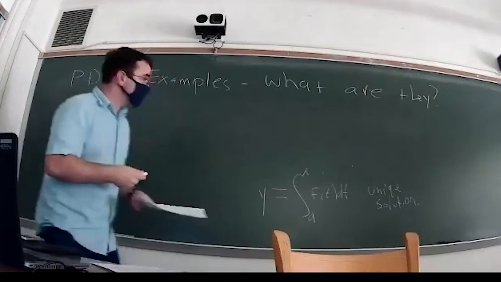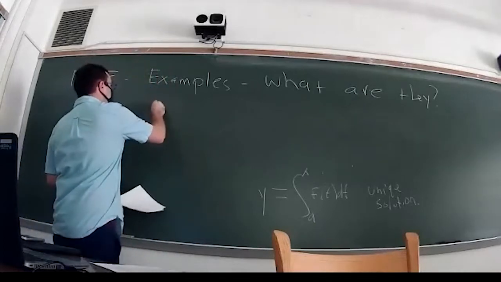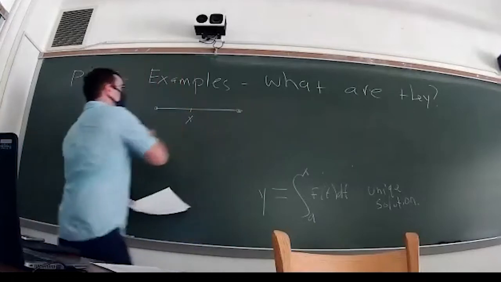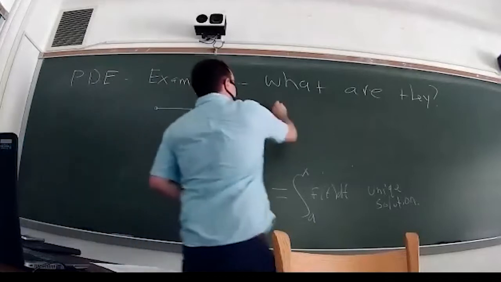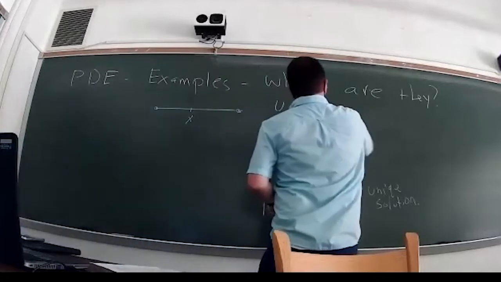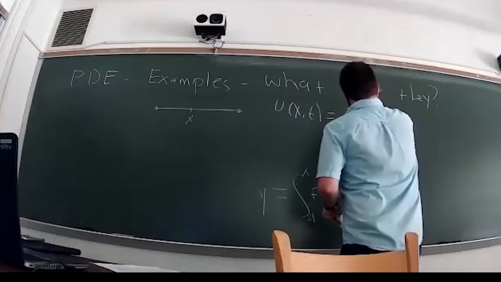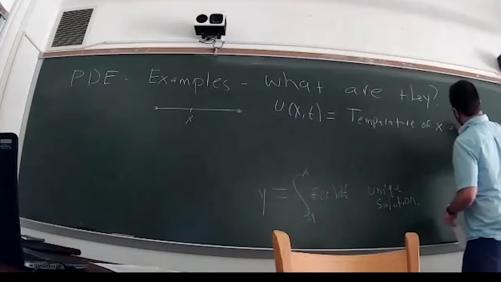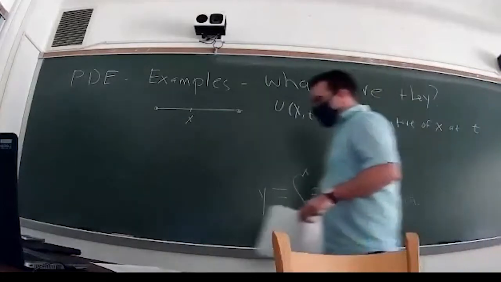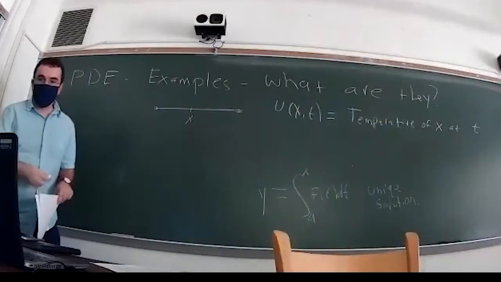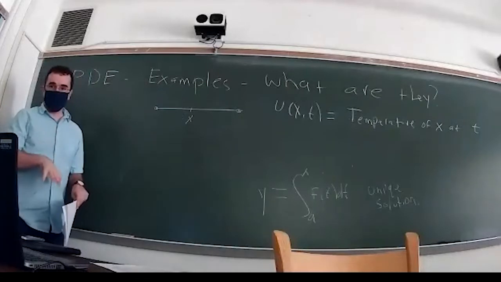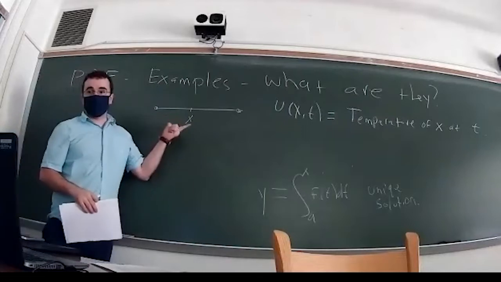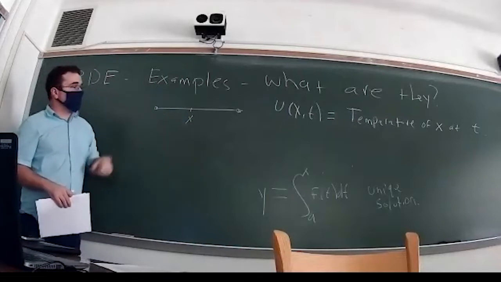So here's what the picture looks like. You've got some function describing the temperature of the rod. And this rod is going to have an initial temperature, and I'll set up some boundary condition.